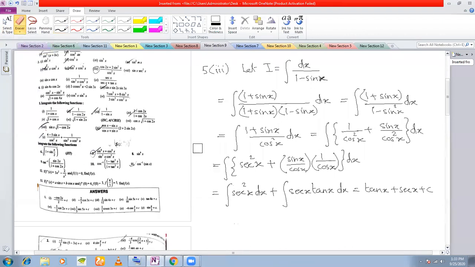Let us do 5 4, which is very easy: 1 minus cos x by 1 plus cos x.